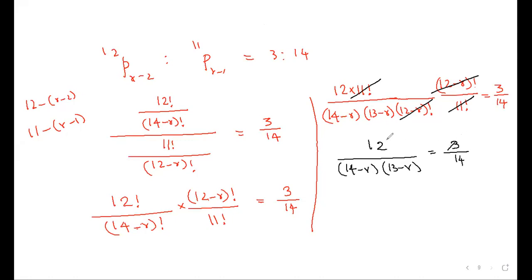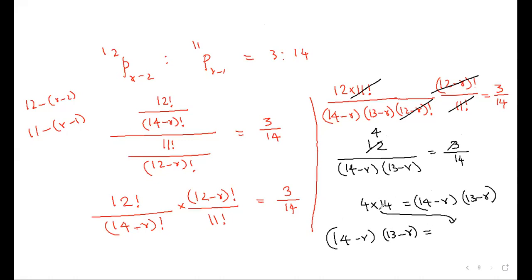Now 3 and this will get cancelled. 4 into 14 is (14 minus r) into (13 minus r). How much is 4 into 14? 56. Right. 56 as a product of two consecutive numbers, 8 into 7.